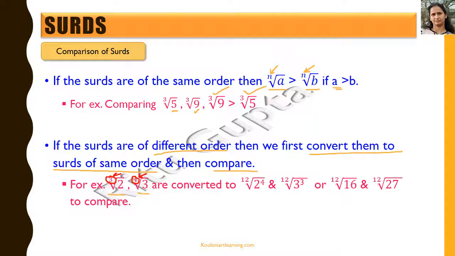Cube root of 2 becomes 12th root of 2 raised to power 4, and similarly 4th root of 3 becomes 12th root of 3 raised to power 3, which is nothing but 12th root of 16 and 12th root of 27. Now looking at the radicand, we can see 27 is more than 16, so 4th root of 3 is greater than 3rd root of 2.